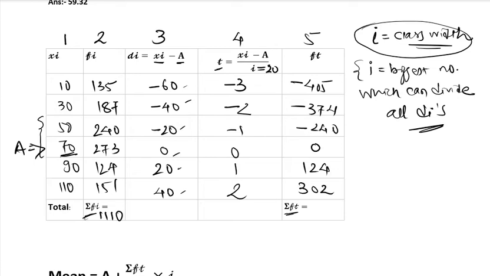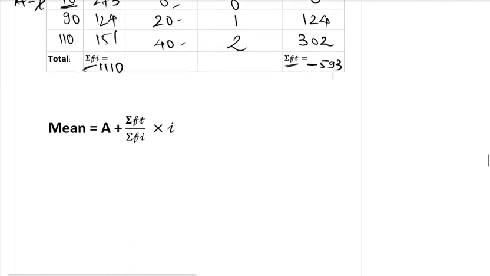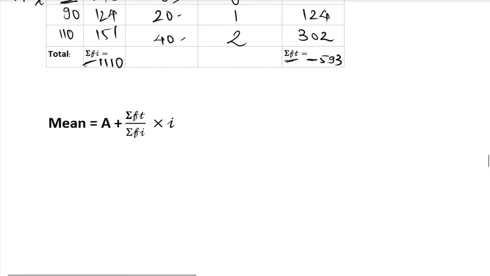So it comes out to be minus 593. You can also check, add, see whether I'm making any mistakes or not. The method is absolutely going to be the same. If I'm making a calculation mistake, my answer is going to differ. So let's hope I'm not doing any silly mistakes here.